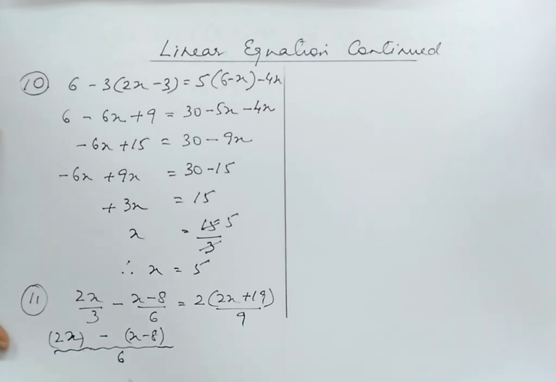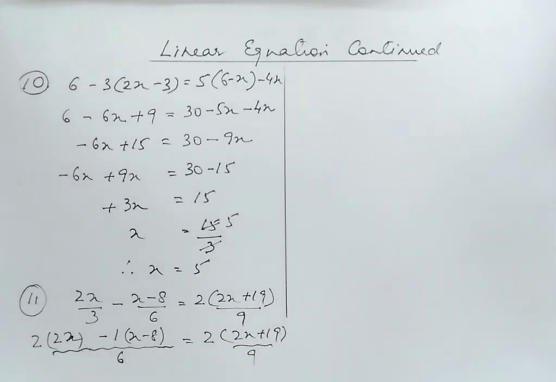Now 3 goes in 3's table when you get 6, 2 times. 6 goes how many times in 6? In its table, 1 time. Here simply copy, because we don't need to treat anything else here, as this is already sitting as an LCM.